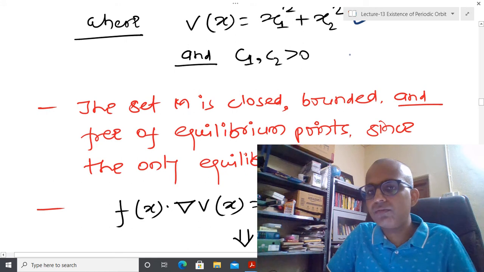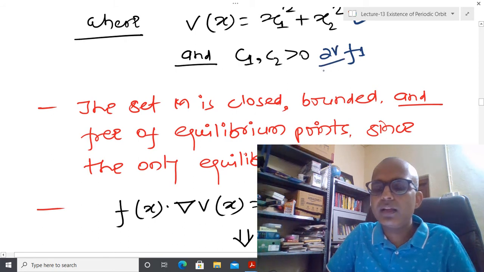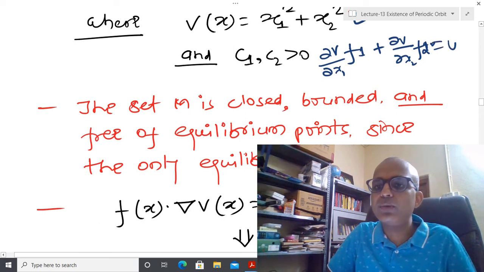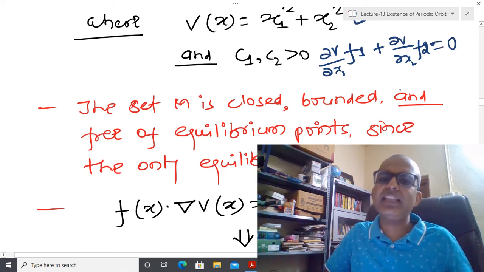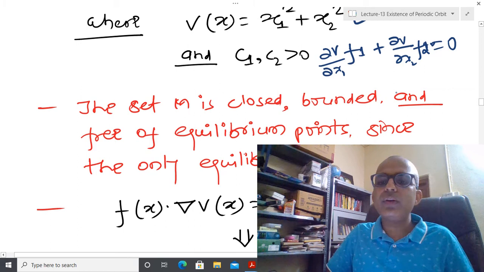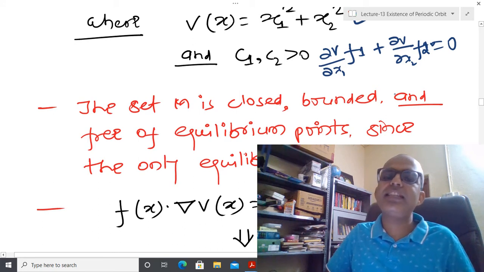You take dV/dx1 times f1, plus dV/dx2 times f2, and if you check this calculation, it is equal to 0. That is straightforward. So it means that at the boundary points, everywhere, the vector field is tangential.